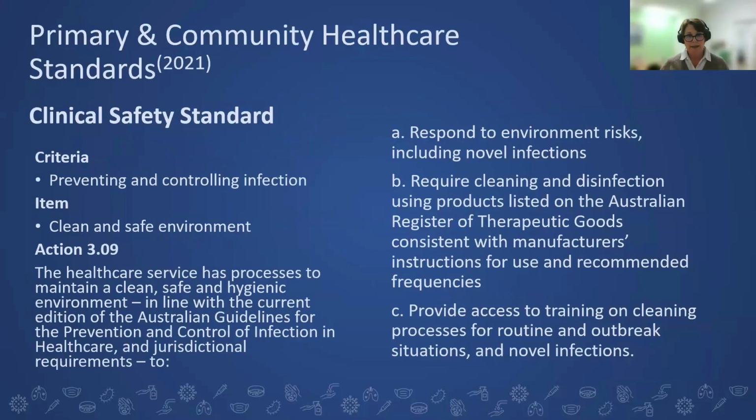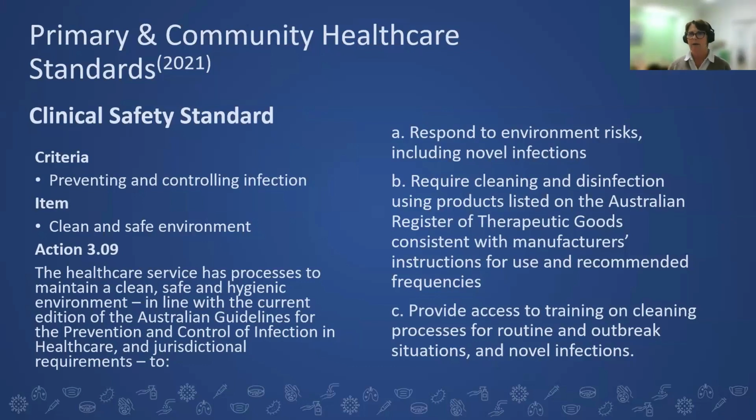The primary and community healthcare standards, which apply to services that deliver healthcare in the primary and or the community setting, also have their item on clean and safe environment under their preventing and controlling infection clinical safety standard. So again, they're requiring a process to be in place so that you can maintain a clean, safe and hygienic environment.